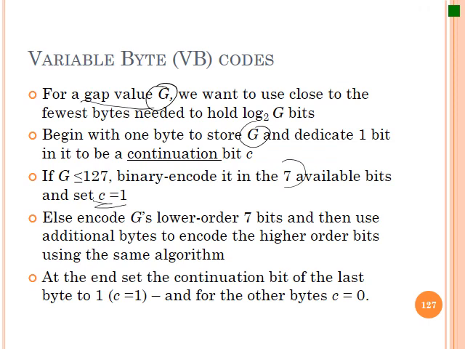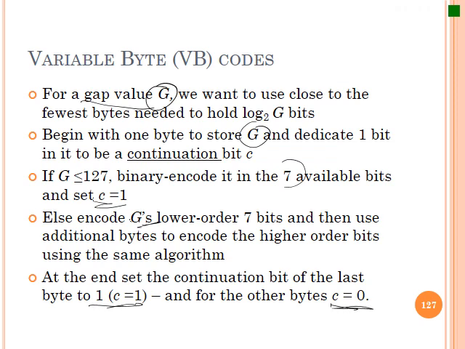Otherwise, encode G's lower order 7 bits and then use additional bytes to encode the higher order bits using the same algorithm. So you incrementally use more bytes if your G is big. All right. So at the end, set the continuation bit of the last byte to 1, and for the other bytes C is equal to 0.